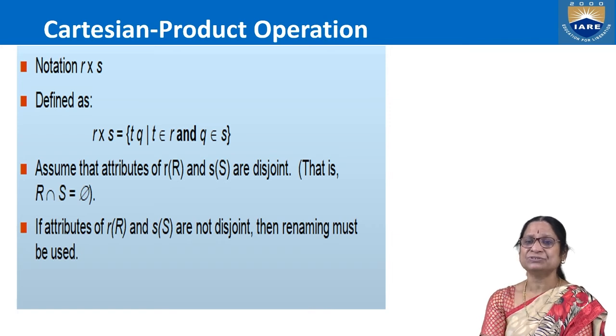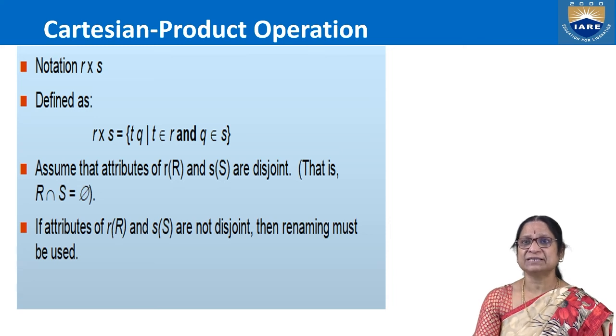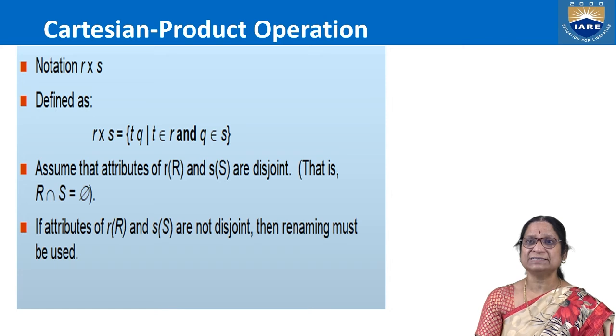Assume that the attributes of relation R and relation S are disjoint, that is, R intersection S is empty, then attribute names can be specified as they are. If they are not disjoint, then renaming must be used properly.